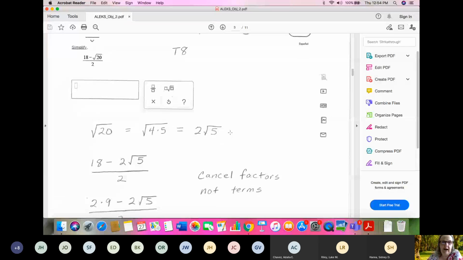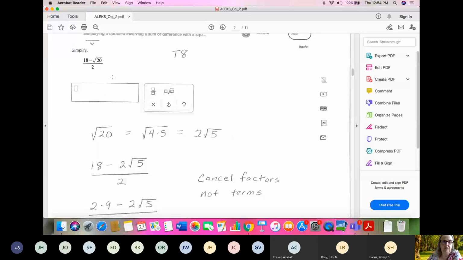So let me just copy this over, but that's what I did, except I replaced the square root of 20 with 2 root 5. I guess let's back up for a moment. 18 goes down here, minus square root of 20 is 2 root 5, and then divided by 2.